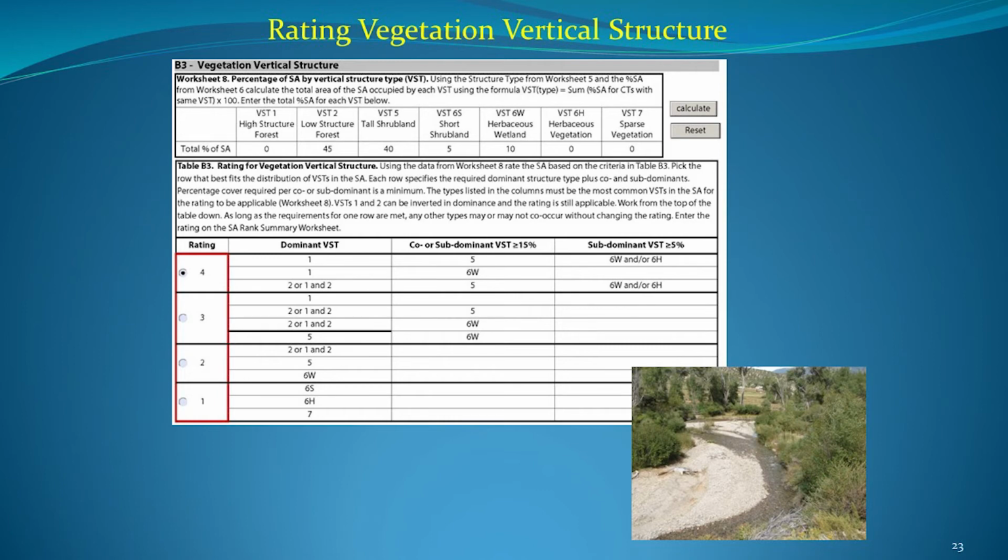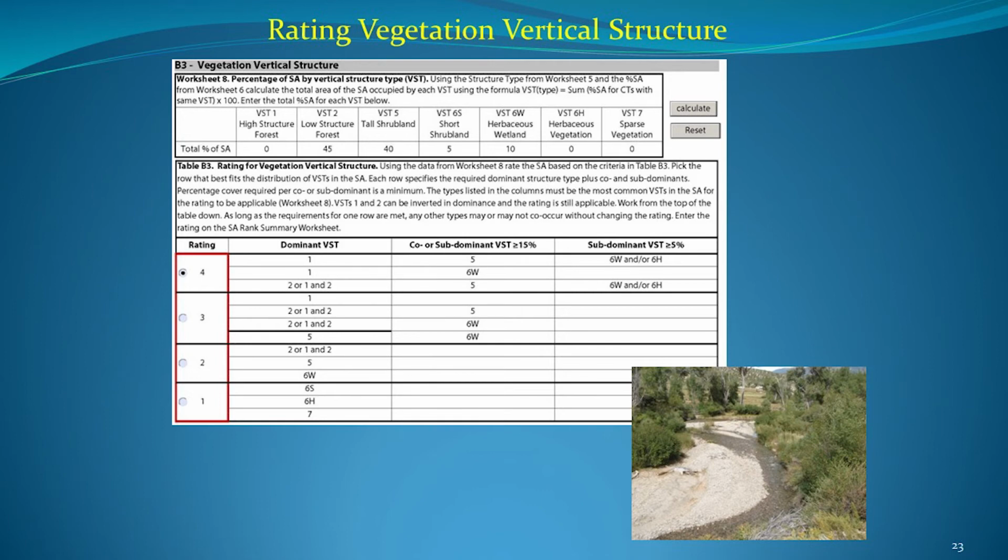So this is just a screenshot on slide 23 from our data sheet that we just filled in for our example site, showing that we have 45% of the VST2, the low structure tall woody type. We have 40% tall shrubland, VST5, and we have 5% short shrubland and 10% herbaceous wetlands that comprise our example site.